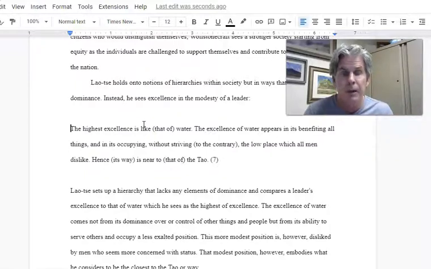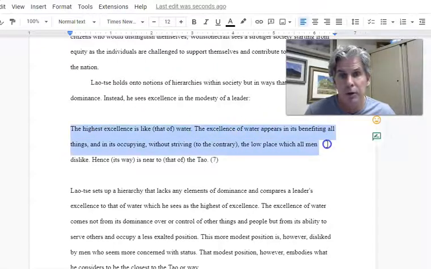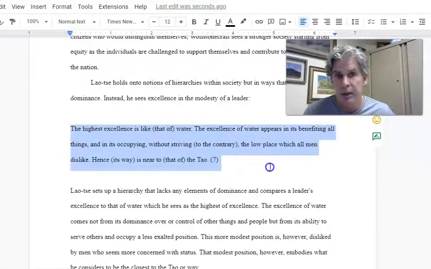Very important. Do you block quote? Some of you are saying yes. I'm going to tell you right now, no, no, no. Not this quotation. This quotation, and everybody stick with me, you can count. How many lines is it? 1, 2, 2.5. It's 2.5 lines. It's not block quoted.